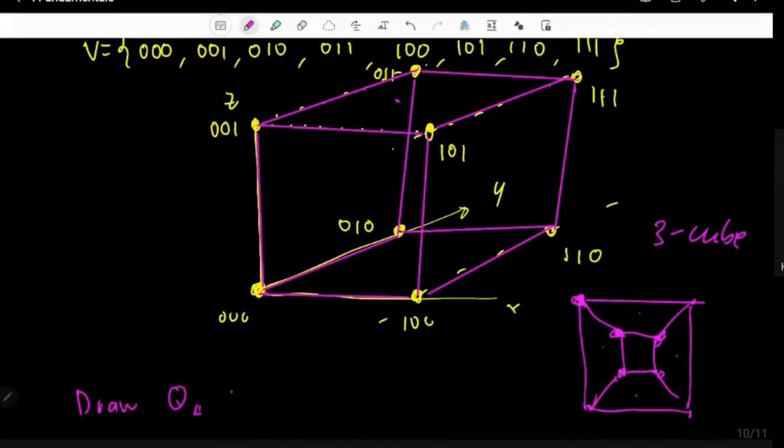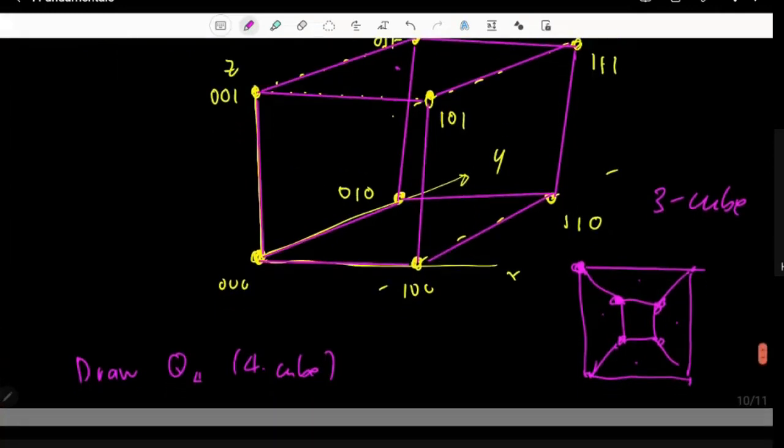This is a 4-cube. That's a very interesting graph as well. That will be a regular graph with valency of 4, meaning each vertex is connected to 4 different edges.